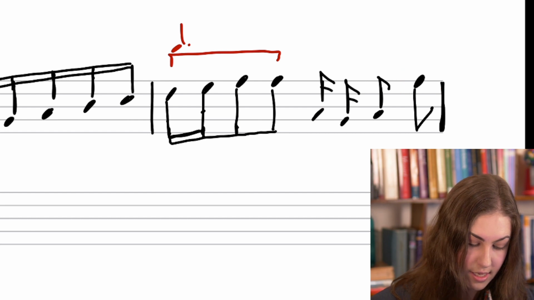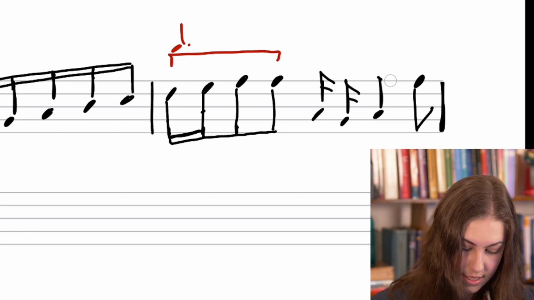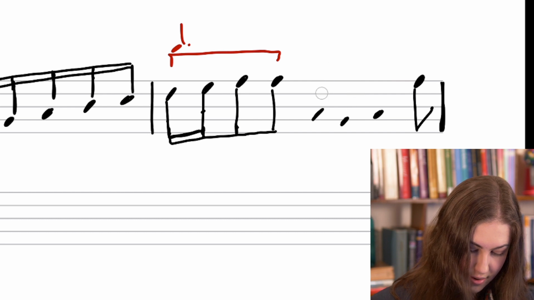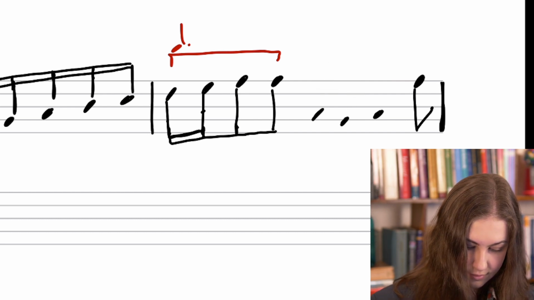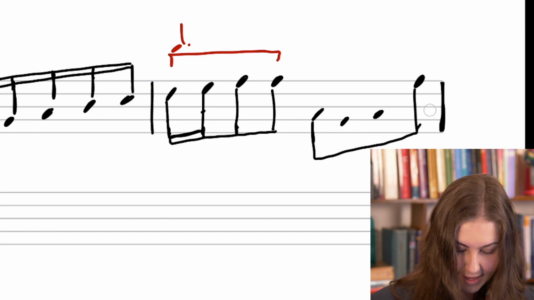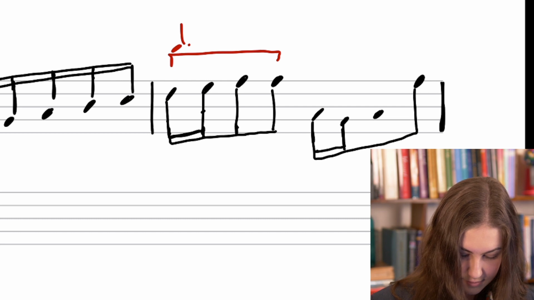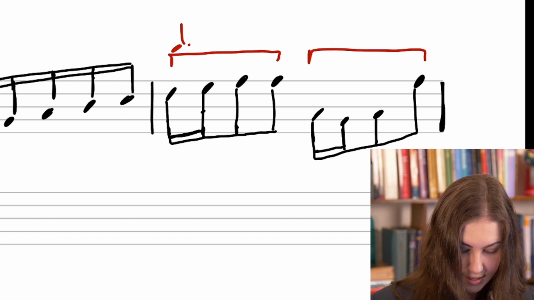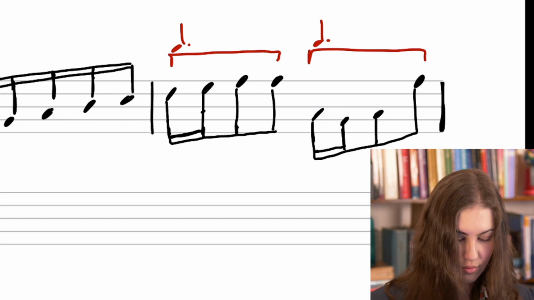So I need to change some stem directions here. They're all going to go down. Oops, I forgot that flag at the end. There we go. Very nice. And that's all again under that same dotted quarter beat.